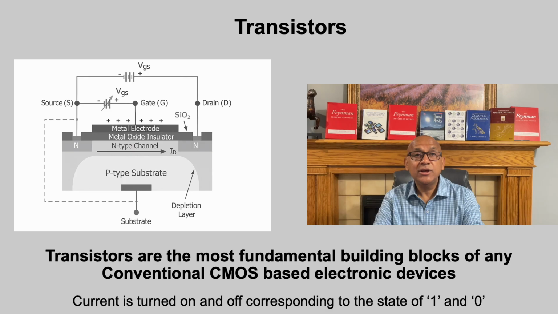In simple terms, the transistor acts like a switch. Current either flows, representing a digit 1, or it does not flow, representing a digit 0. Billions of these tiny switches are packed together on a single chip, forming the logic circuits that power computers, smartphones, and nearly all of the electronic devices that we use now.